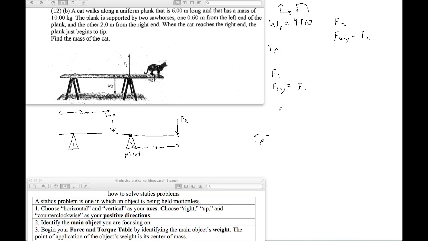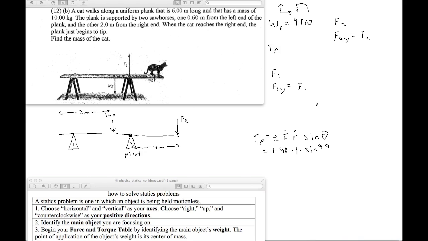So then I know that the weight is being applied 1 meter away from the pivot. So the torque from the weight of the plank would be 1 meter times 98 newtons, and that would be a counterclockwise torque. So that's positive 98 newton meters.